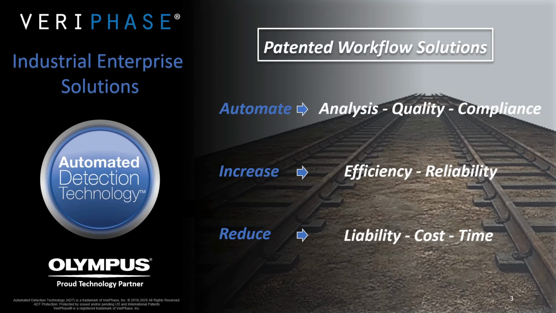We try to automate the analysis process, the reporting process, checking for quality, and as much of the compliance as we can, such as documenting or checking essential variables and looking for quality control issues. We try to increase the efficiency of all the processes.